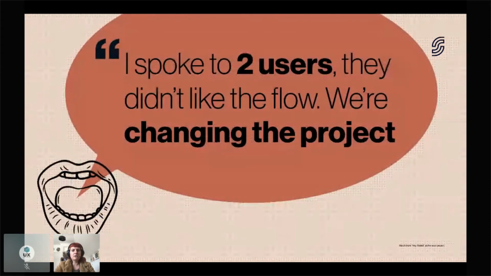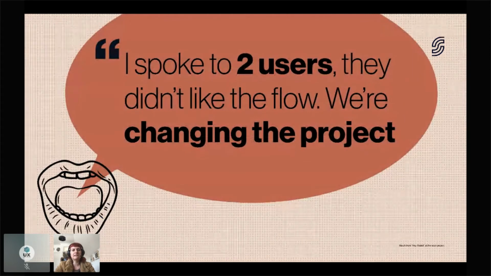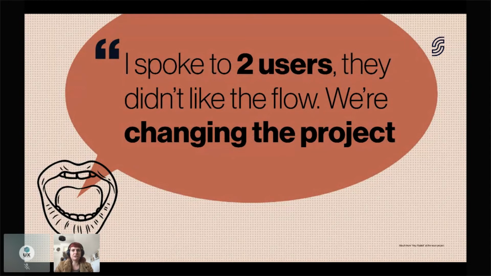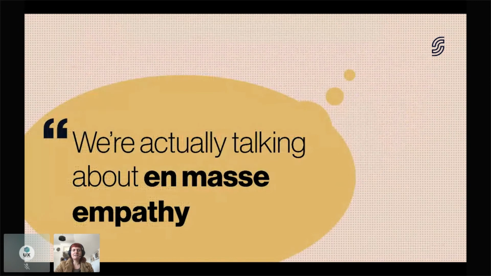So one of the most harmful ways that I've seen empathy being misused as a heuristic is where people go, oh, I spoke to 2 users, they didn't like the flow and we're changing the project. And I'm like, whoa, is that really what we talk about when we say design for empathy, or we should have empathy? Aren't we actually talking about that we have to have empathy en masse?